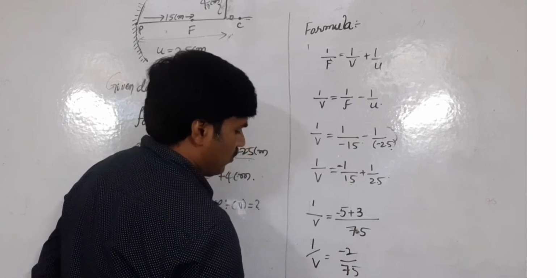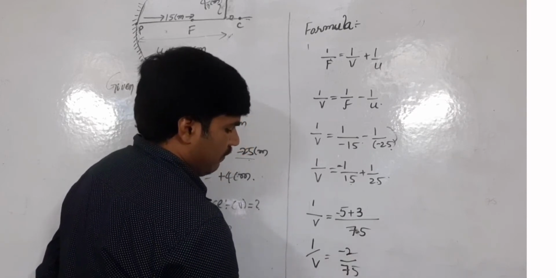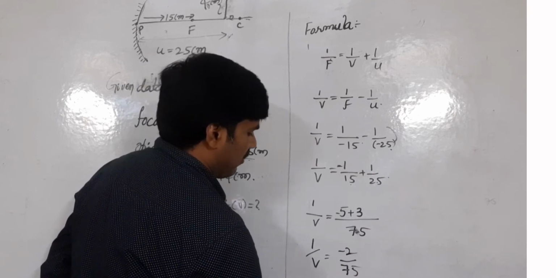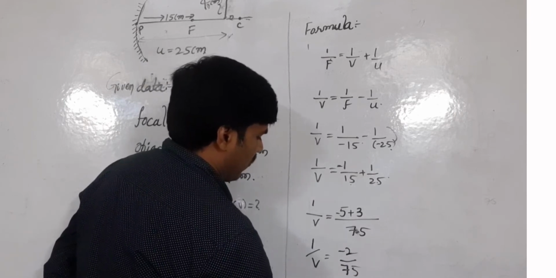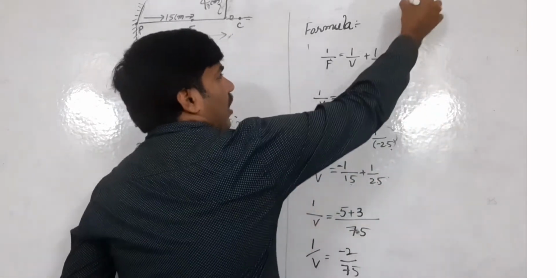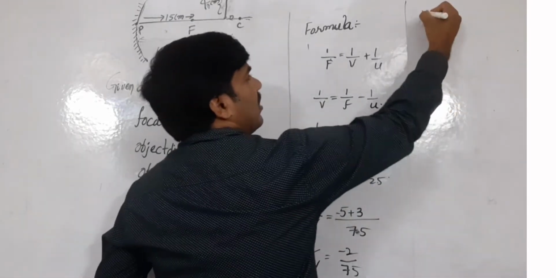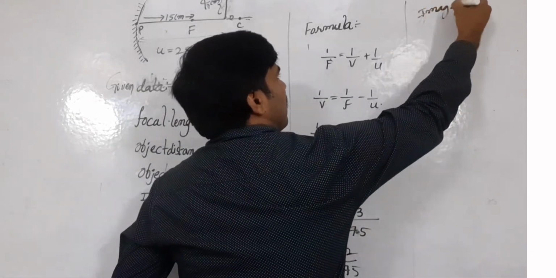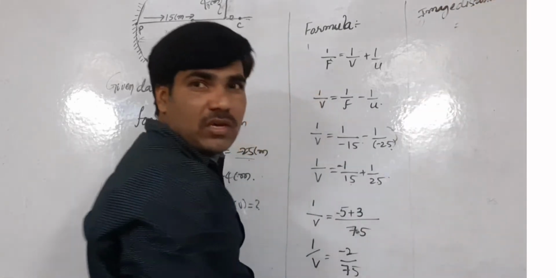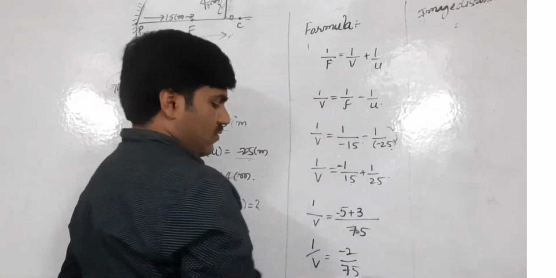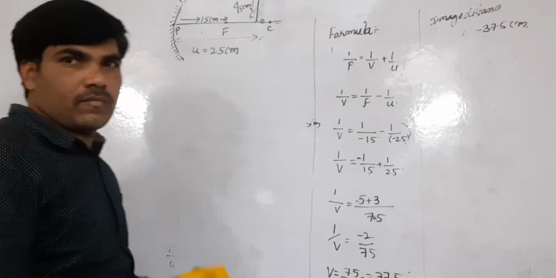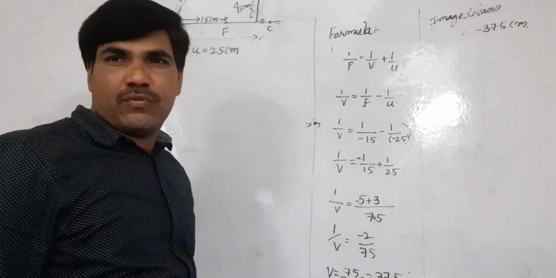Then v is equal to minus 75 by 2, which is minus 37.5. The image distance is minus 37.5 centimeters.